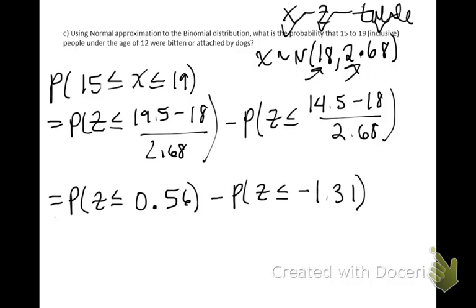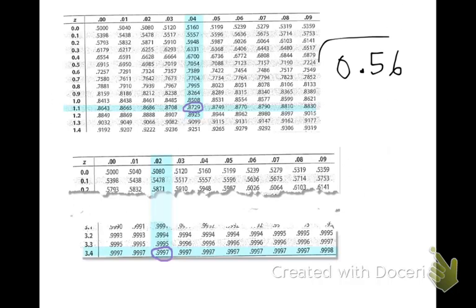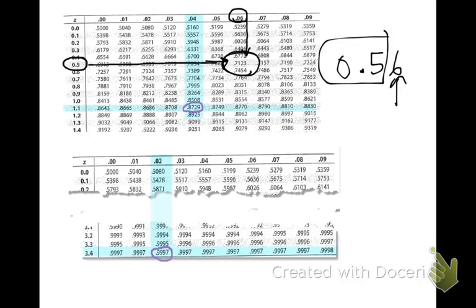I'll show you the table for the first one, and the second one I'll let you look up. We'll look up the 0.5. That's right here. And then we'll look up the 6, and that is right here. Coming in and lining these up, we see that these line up with the probability 0.7123.